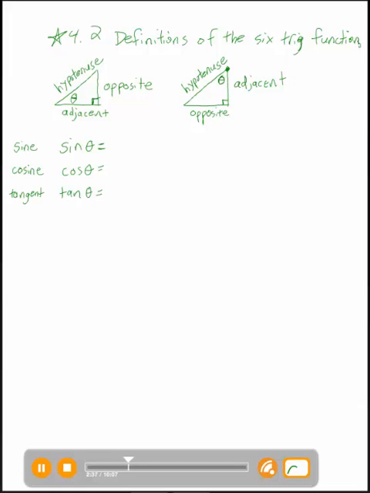So you probably remember the definition of these functions. So it depends on the theta that you're looking at. So the sine of theta is, for the theta in question, just the ratio of 2 sides. It's the opposite side divided by the hypotenuse.